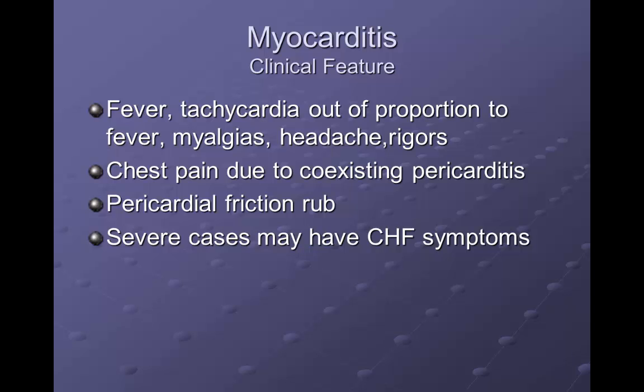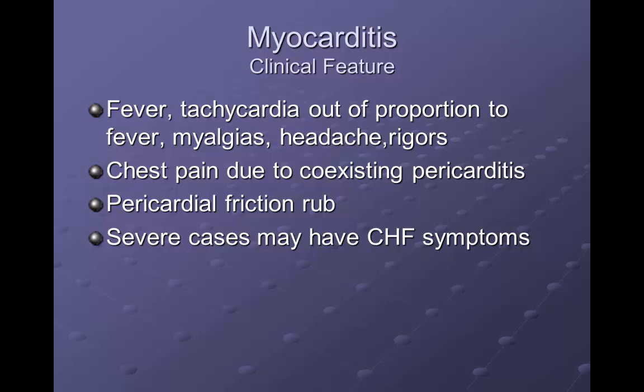In viral myocarditis, flu-like symptoms prior to the illness, like 1 or 2 weeks before, are a relevant history, associated with fever, arthralgias, malaise, pharyngitis, tonsillitis, or any type of upper respiratory tract infection.